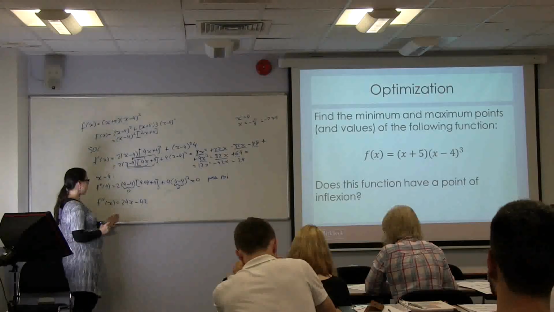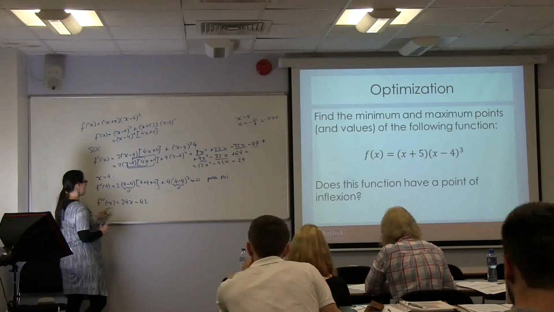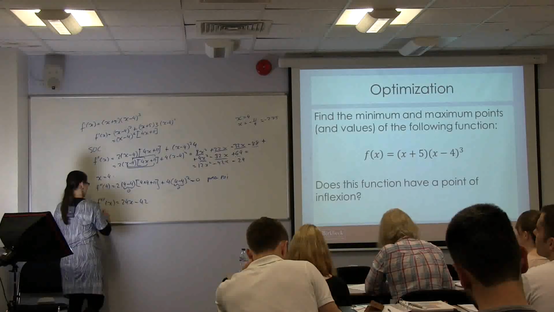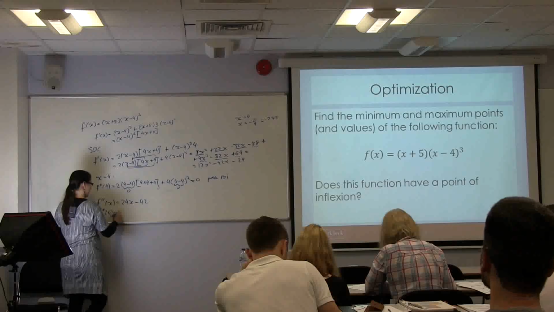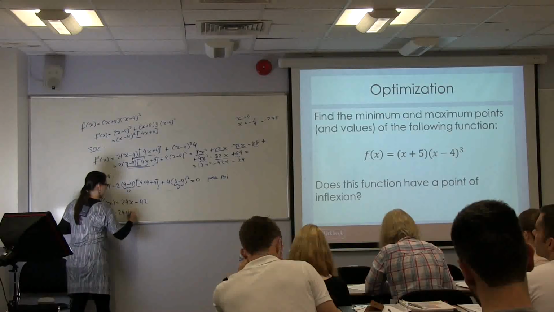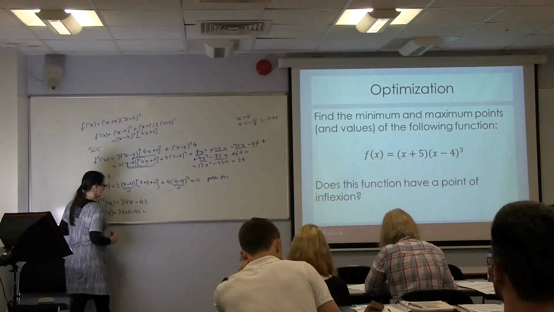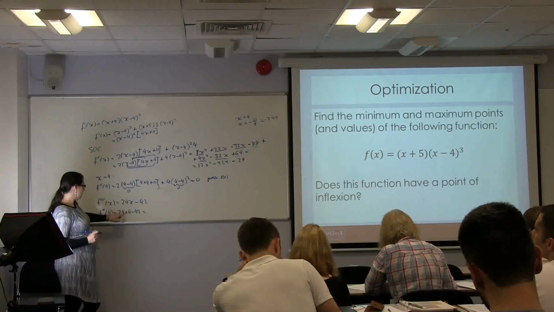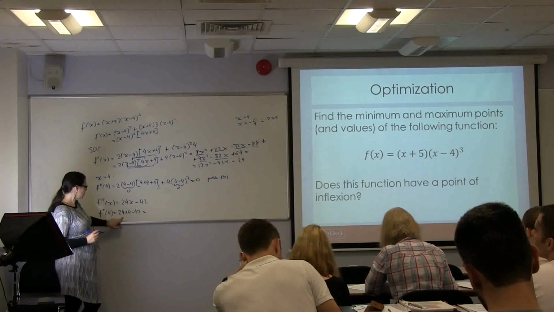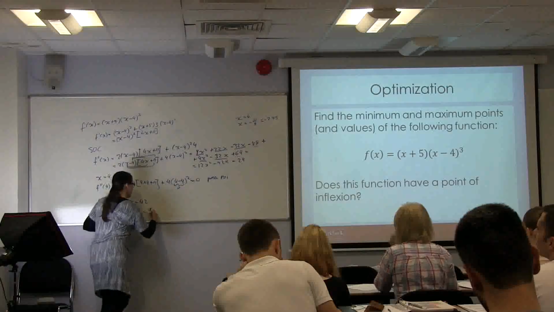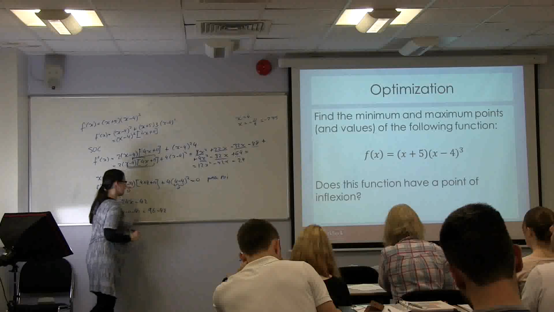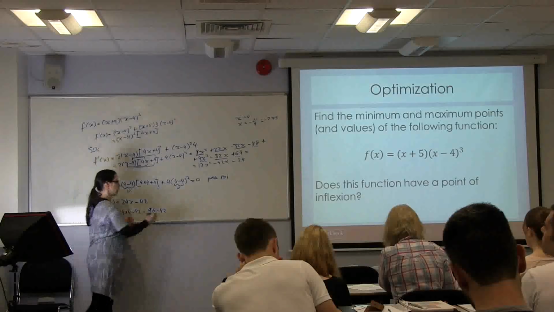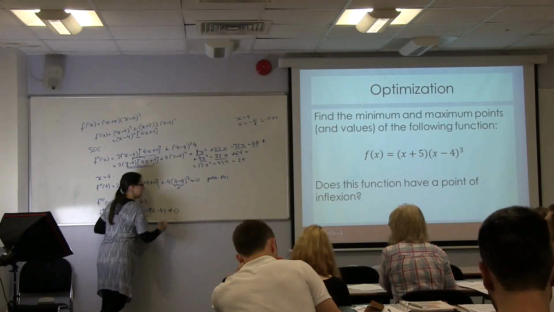And what I need to check is what this derivative is equal to at 4. So 24 times 4 minus 42. That is 96. And I don't know what exactly 96 minus 42 is, but what I know for sure is that it's definitely not 0.